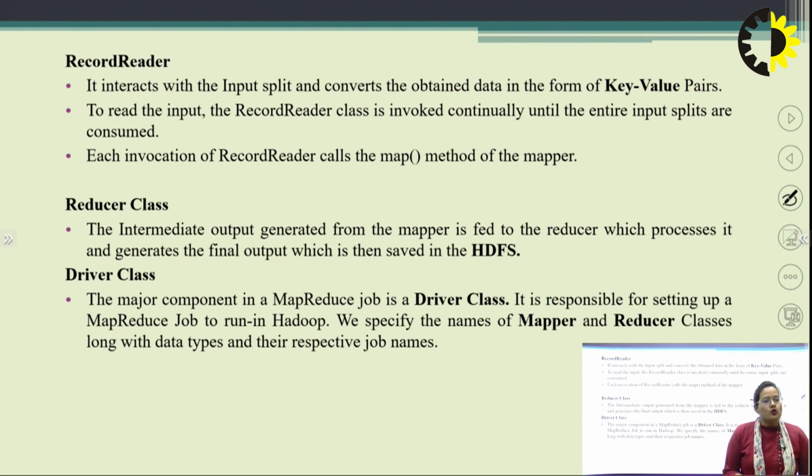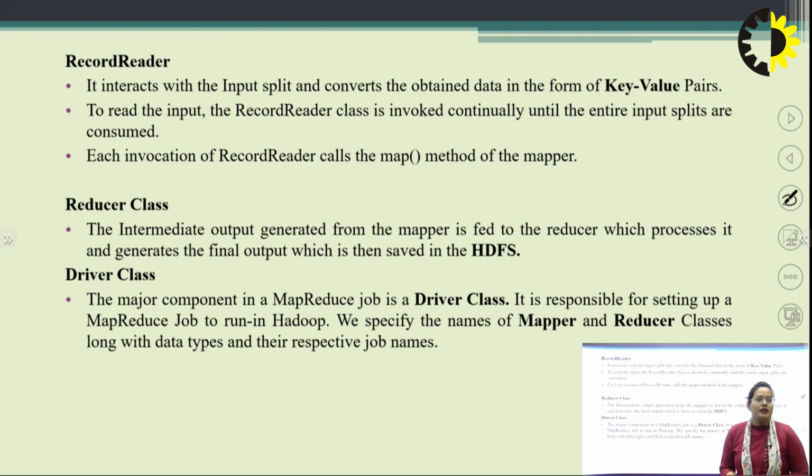Hadoop mapper saves this intermediate data into the local disk. To read the input, the record reader class is invoked continuously until the entire input split is consumed. Each invocation of record reader calls the map method of the mapper.